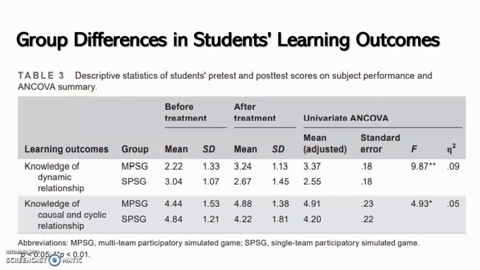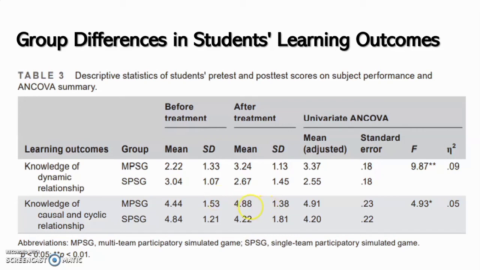Third, group differences in students' learning outcomes. Table 3 shows the descriptive statistics of student pre-test and post-test scores on subject performance and the ANCOVA summary.